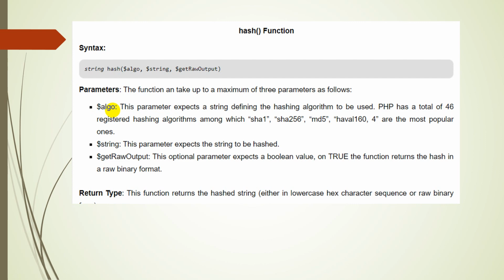PHP has a total of registered hashing algorithms, among them sha1, sha256, and md5, which are the most popular ones. The string parameter is the string to be hashed. The optional parameter takes a boolean value, and if true, the function returns the hash in raw binary format. Return type: the function returns the hash string either in a lowercase character sequence or raw binary.